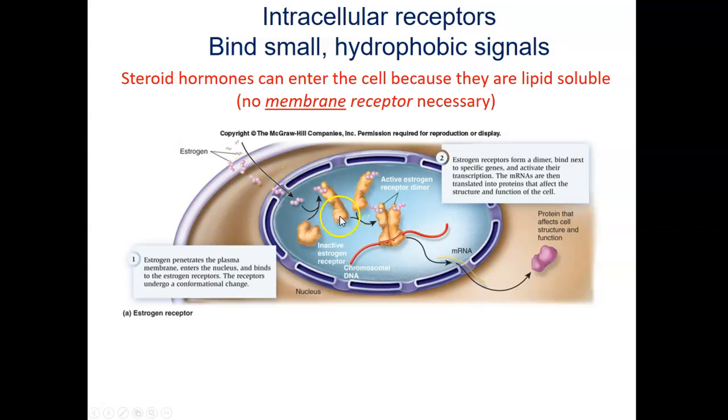It then finds its target inside the nucleus, which is the estrogen receptor, and estrogen receptors are going to dimerize, and they will then sit within the promoter region of a particular target gene and turn on or turn off specific target genes, ultimately making mRNA and then proteins that can respond to that cell signal, the estrogen.